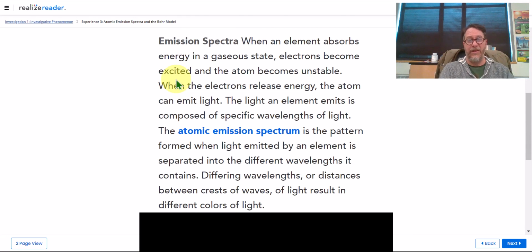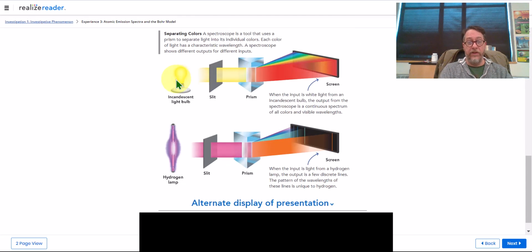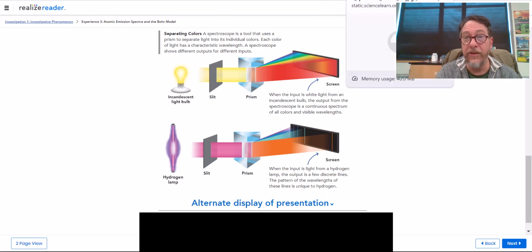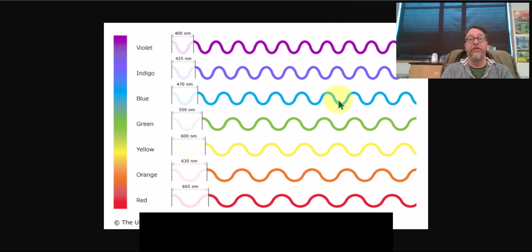And so, what are atomic emission spectra? Well, it looks like this, right? On the top, you have a picture of a prism, and that prism splits light into its various wavelengths. Wavelengths are different, in this case visible wavelengths, different colors of light. And as you can see, we have different wavelengths.